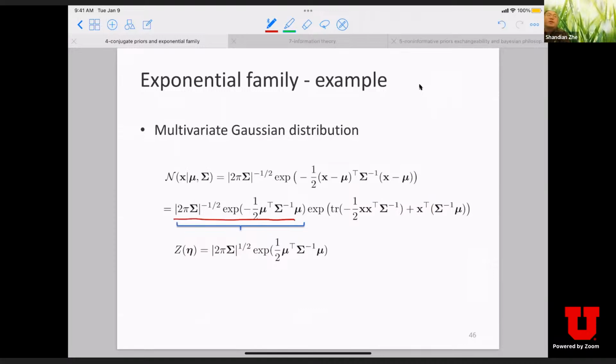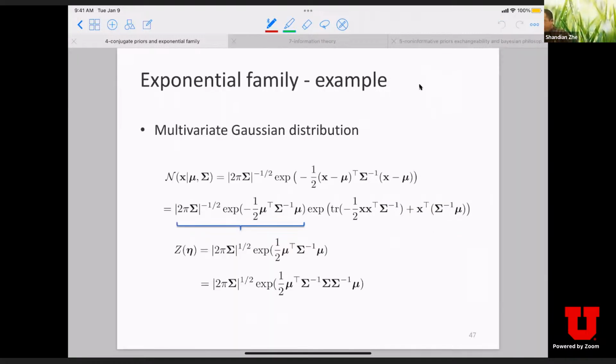Remember, Z of eta is in the denominator, so you should take the inverse of this factor outside. So it's the determinant of 2 pi sigma to the half, times e to the half mu transpose sigma inverse mu. In this way, we can also see that the multivariate Gaussian distribution is also a member of the exponential family.